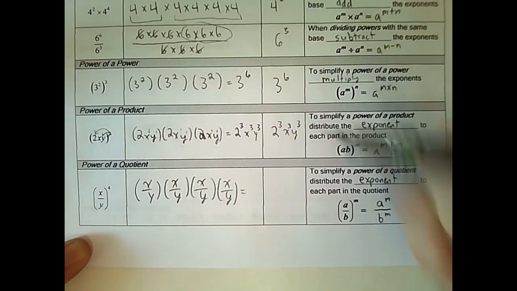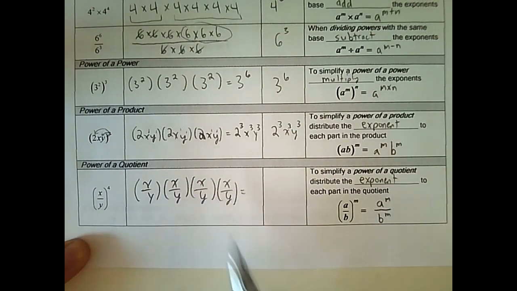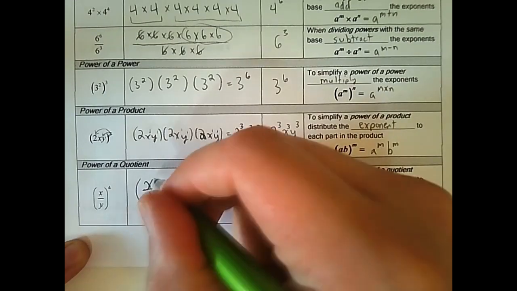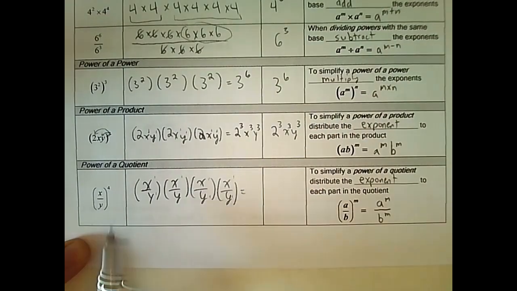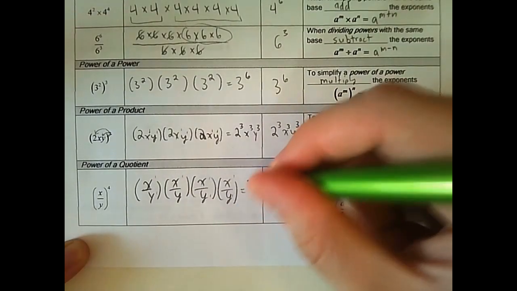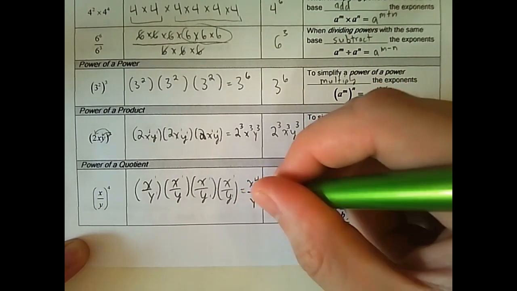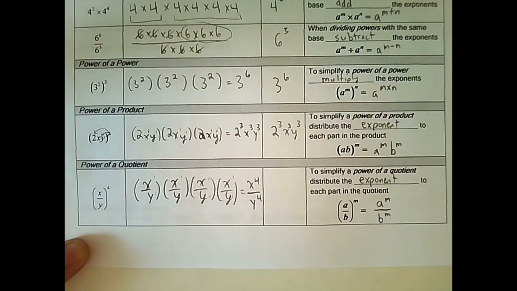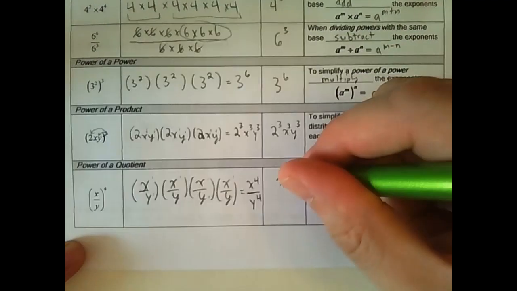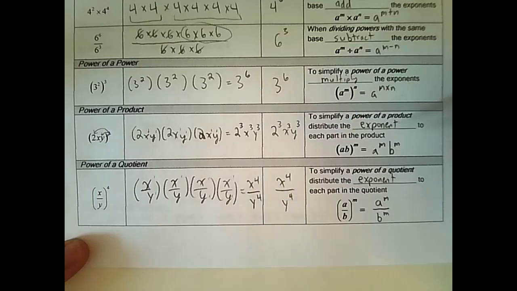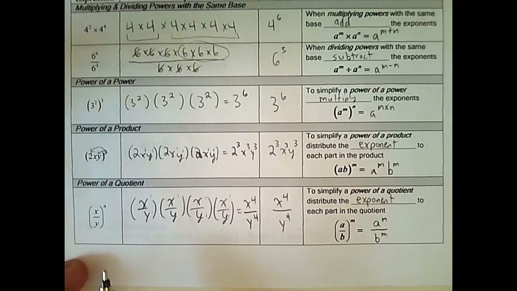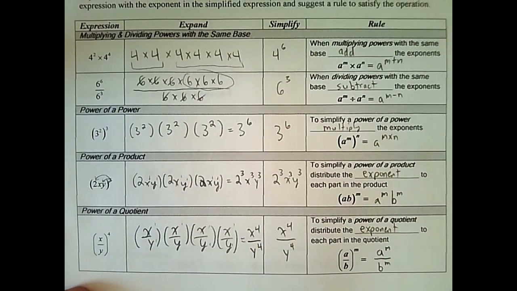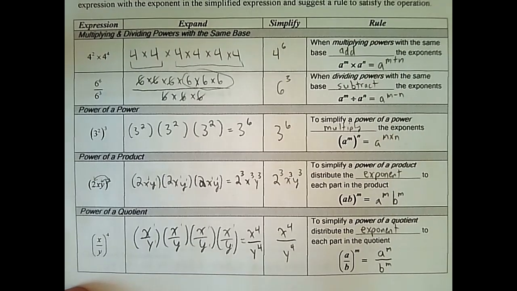So according to our multiplication rule, it's going to be x to the power of 4 and y to the power of 4. So I'm basically applying the exponent to the top and the bottom number. Those are our rules for our laws of exponents.